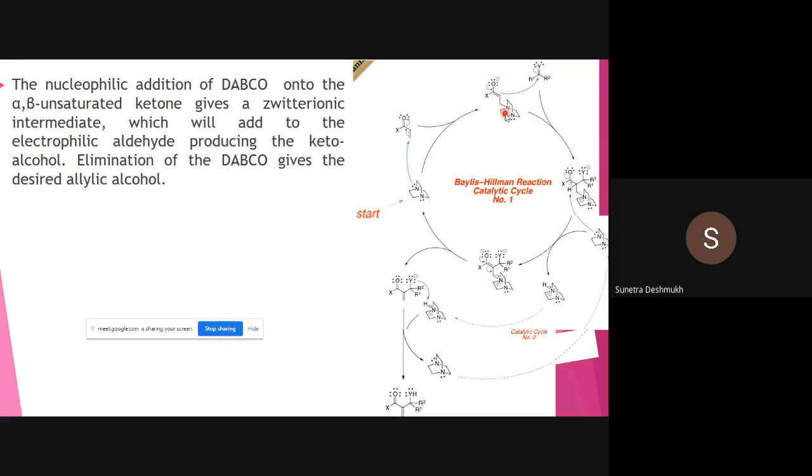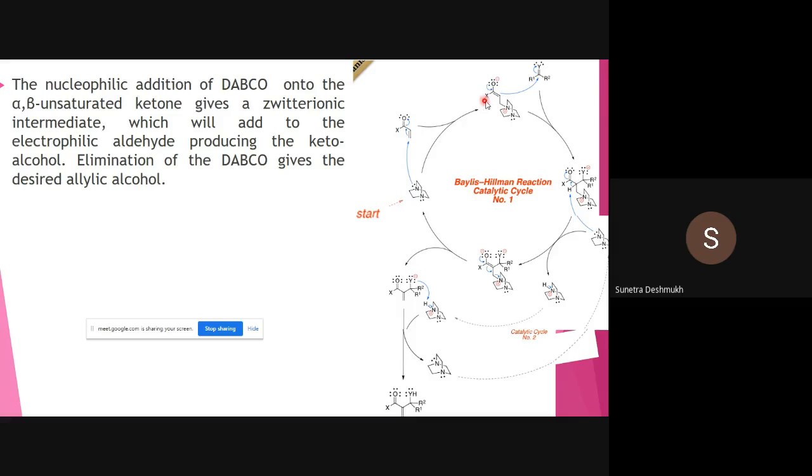So the zwitterionic intermediate we have generated will add to the electrophilic aldehyde. Once we have generated the zwitterion, now there is nucleophilic addition of this generated enolate.